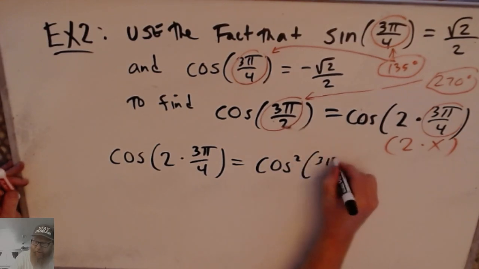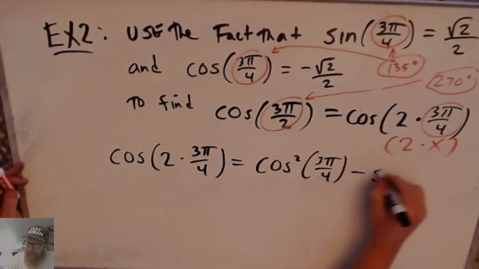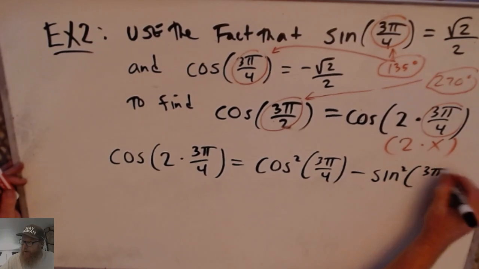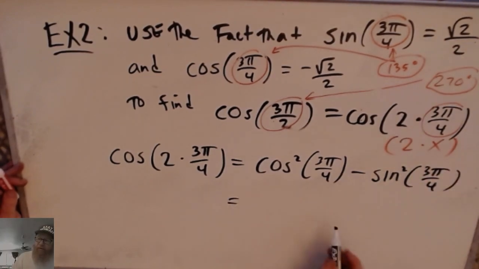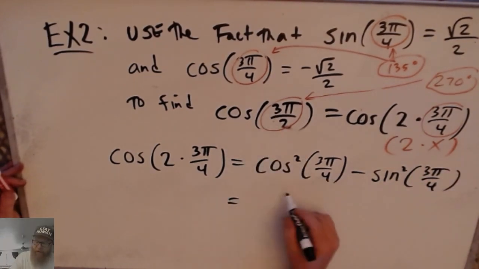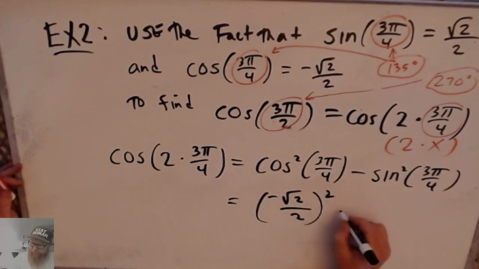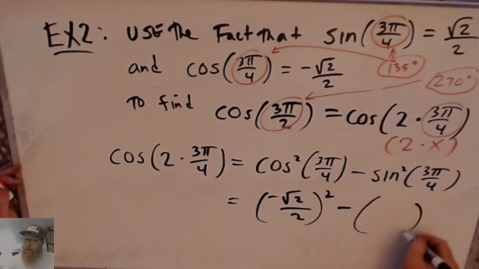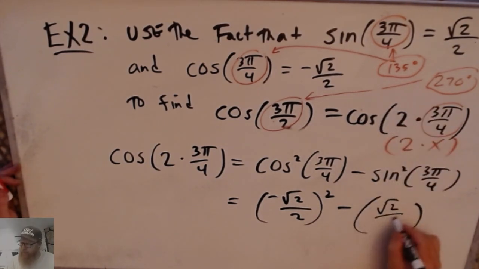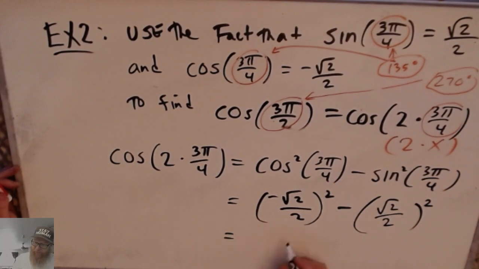Cosine squared 3 pi over 4 minus sine squared 3 pi over 4. Cosine is negative radical 2 over 2, squared, of course. Sine is radical 2 over 2, squared, of course.